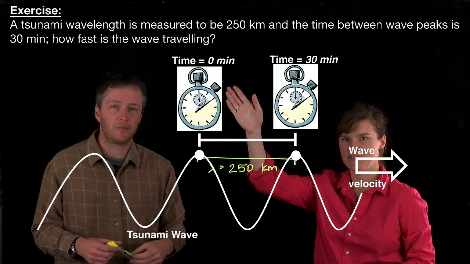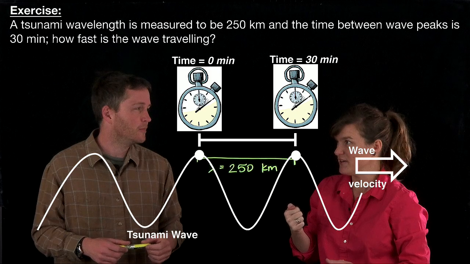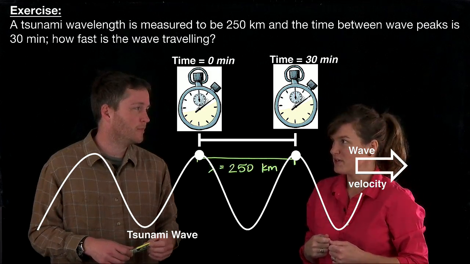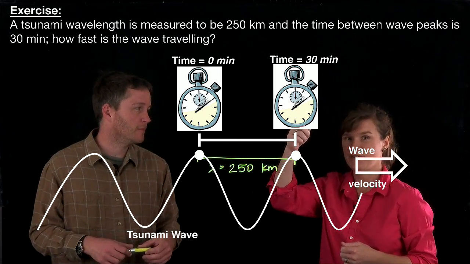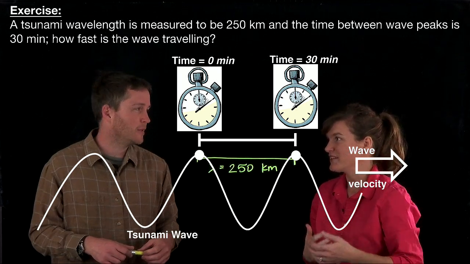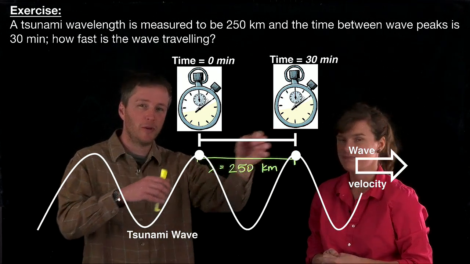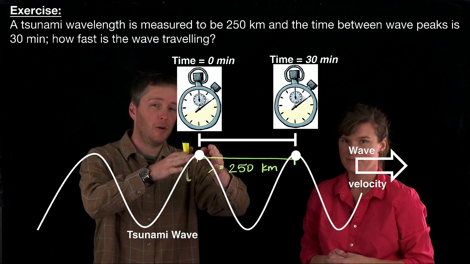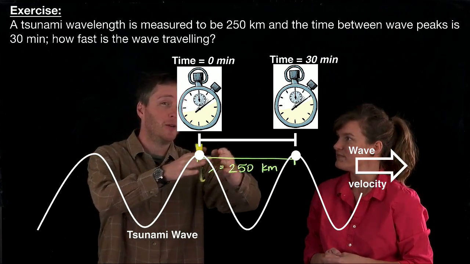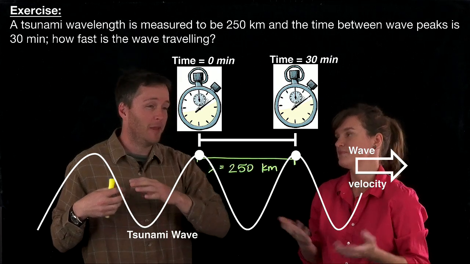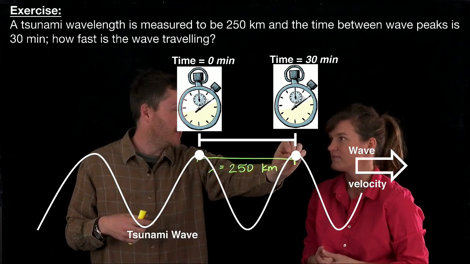The first stopwatch says time equals 0, and then we sit on our surfboard and wait for this wave to travel. The wave is traveling in this direction, and at time 0 the peak is here, and 30 minutes later, that wave carrying that same peak is over here now.